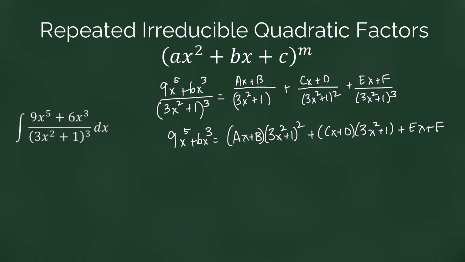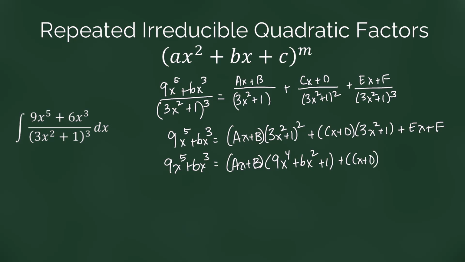Okay, we're going to expand this all out. So I have ax plus b. If I expand out 3x squared plus 1 squared, I get 9x to the 4th, 6x squared, and 1. I'll leave the cx plus d times 3x squared plus 1 for now.